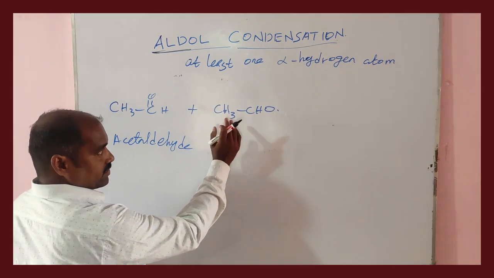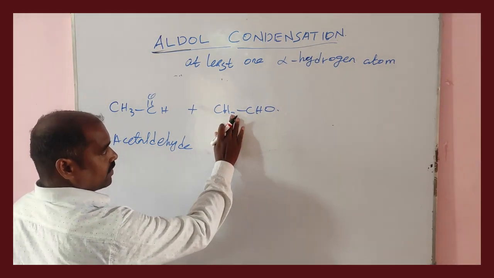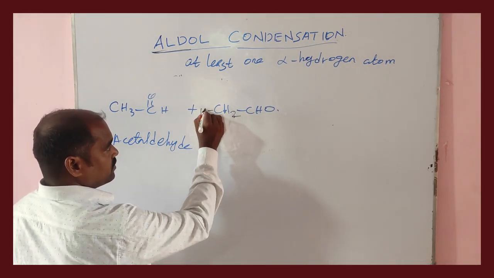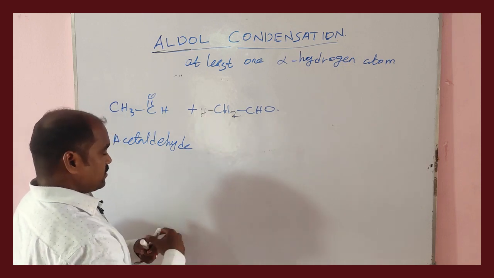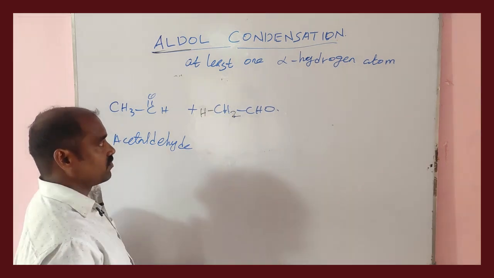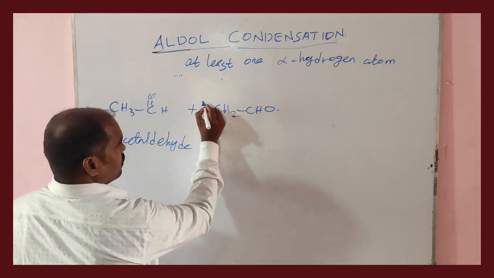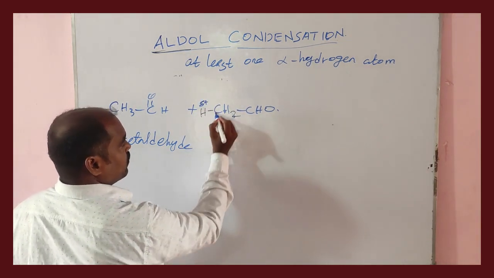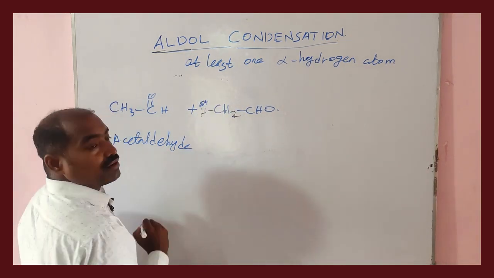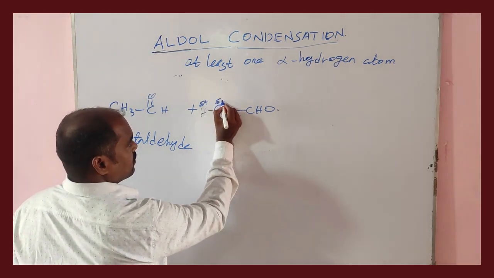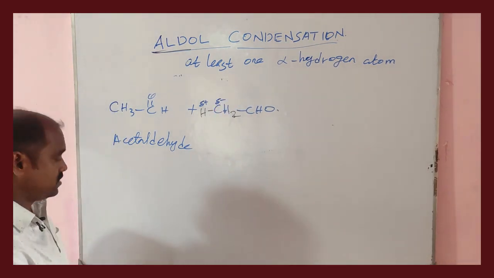So here, in this reagent acetaldehyde, consider this CH2 with an H for understanding. Carbon is more electronegative than hydrogen, so hydrogen is partially positive and carbon is partially negative.